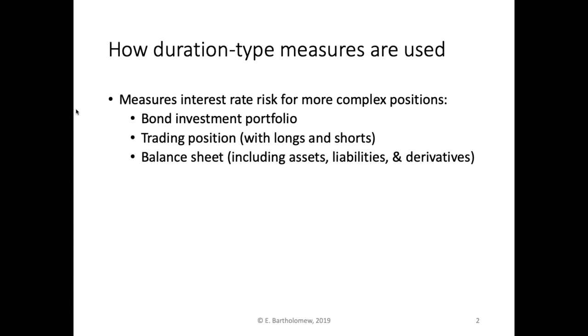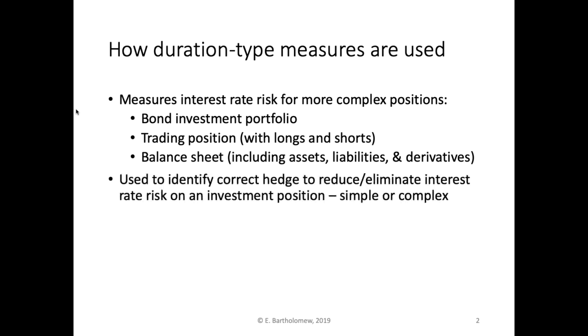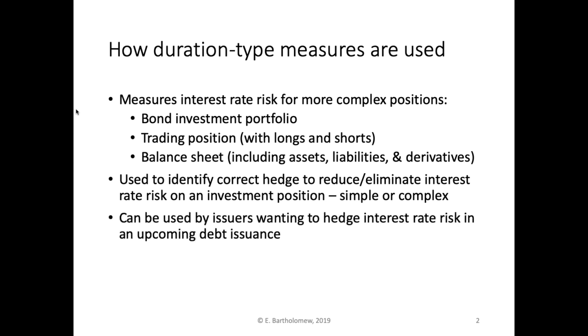So first, how are these duration types used? Well, they can be used to measure the interest rate risk for more complex positions, such as a bond investment portfolio, a trading position with longs and shorts, or a full balance sheet that includes assets, liabilities, and derivatives. They can be used to identify the correct hedge to reduce or eliminate interest rate risk on an investment position, simple or complex.